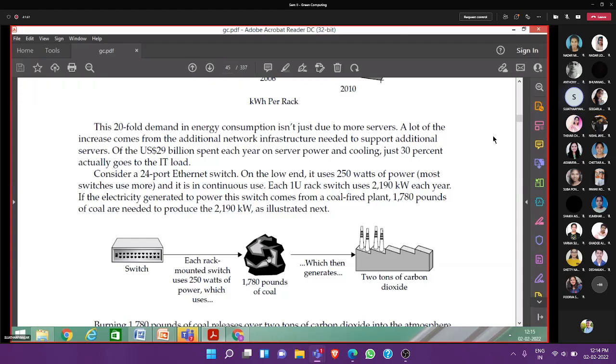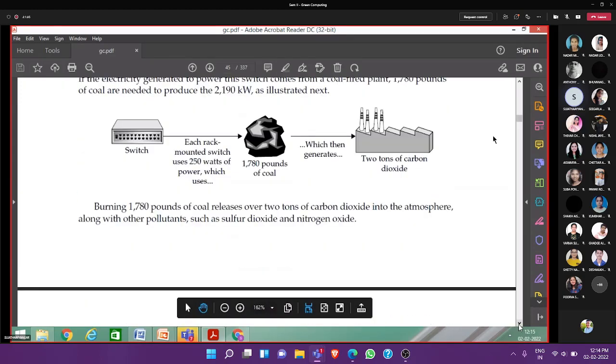Which generates 2 tons of carbon dioxide. They have given over here. So in a server, 10 racks, meaning 1 rack is connected with this switch. So this switch, the power consumption, then how much coal is used for that, and because of that coal how much carbon dioxide is released, how harmful it is to the environment.